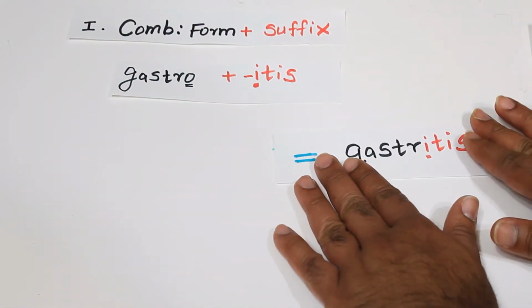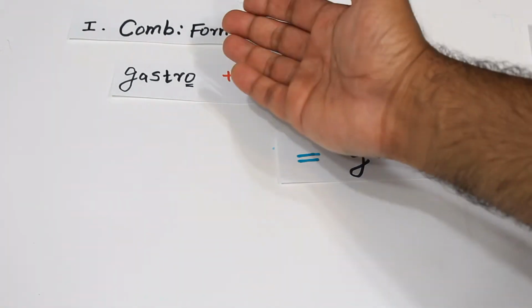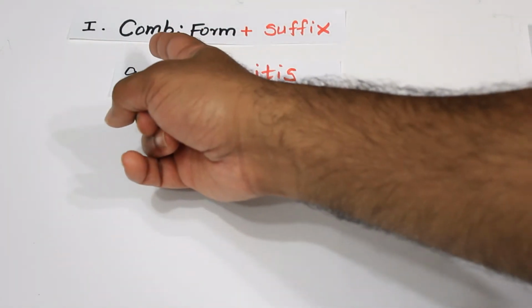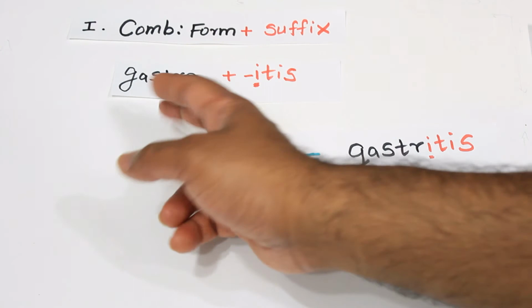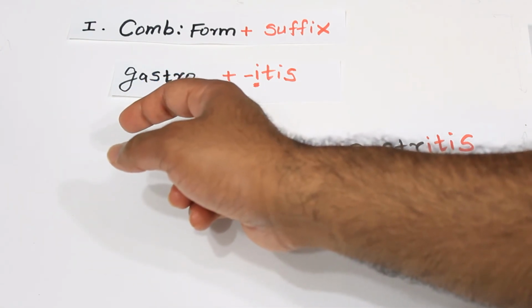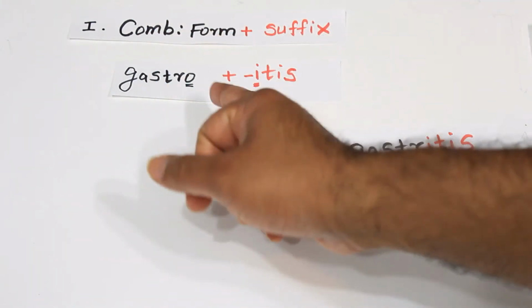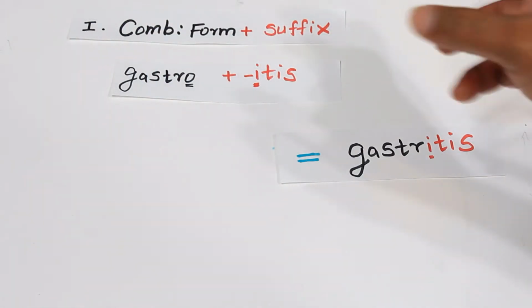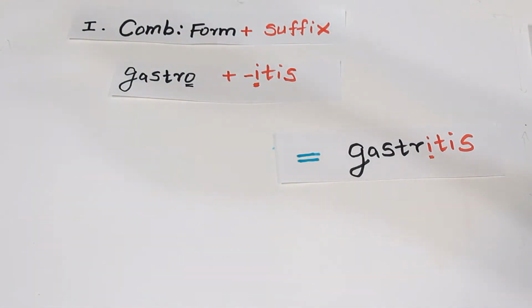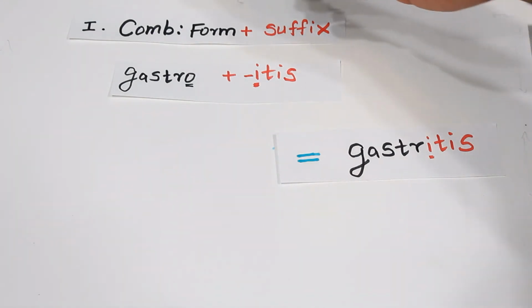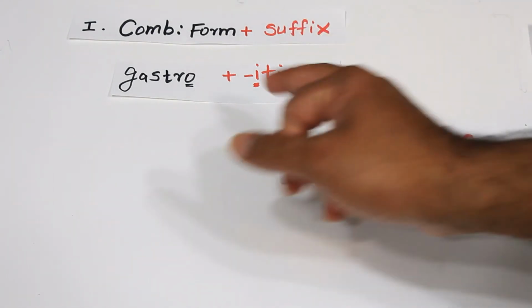This is what happened. According to our rules, if there is a combining vowel and the suffix has a vowel in front of it, then what happened?